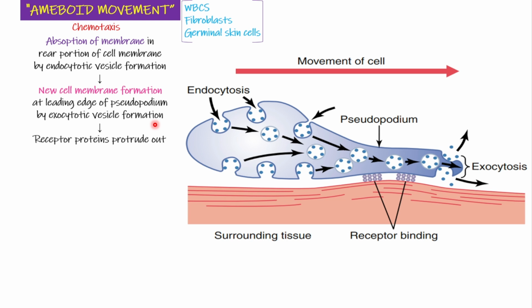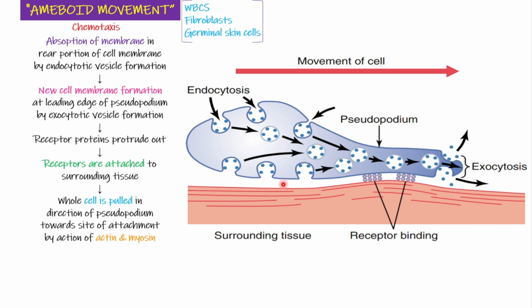Okay, now this is also accompanied by the receptor proteins which are moving out. The receptor proteins are put out, and when they move out, these receptors are attached to the surrounding tissues, and the whole cell is attached to these receptors.